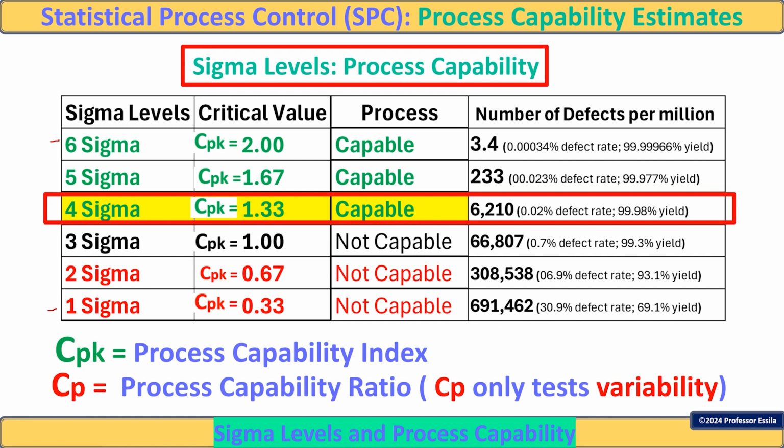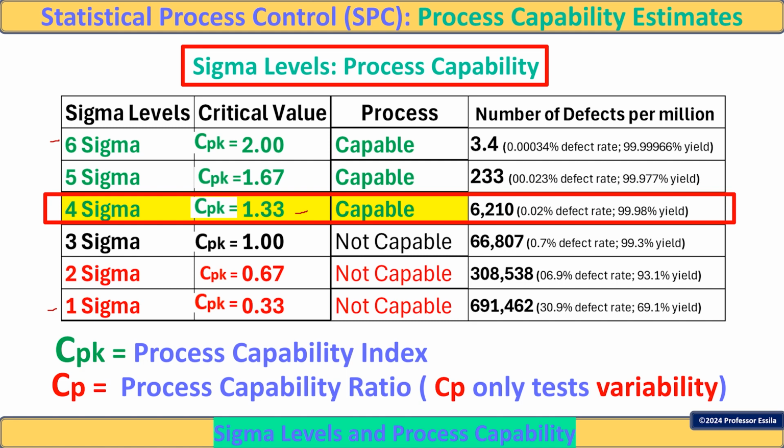So always remember that a process is deemed capable if it achieves a process capability index equal to or greater than the critical value at that sigma level. For example, if we are assessing the process capability at the 4 sigma level, the critical value is 1.33. So that process must perform at least at 4 sigma level.